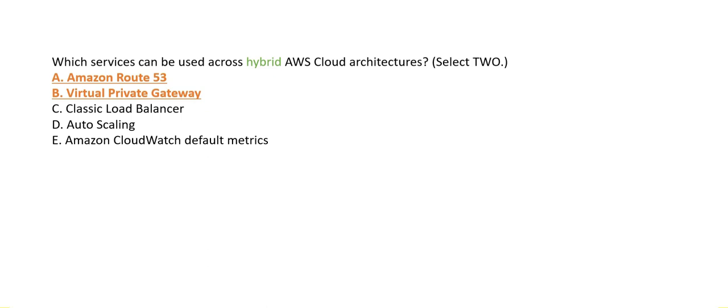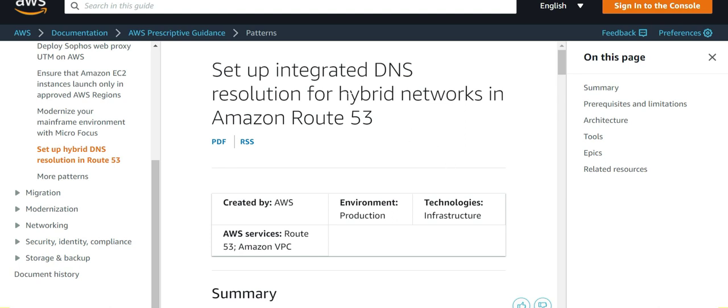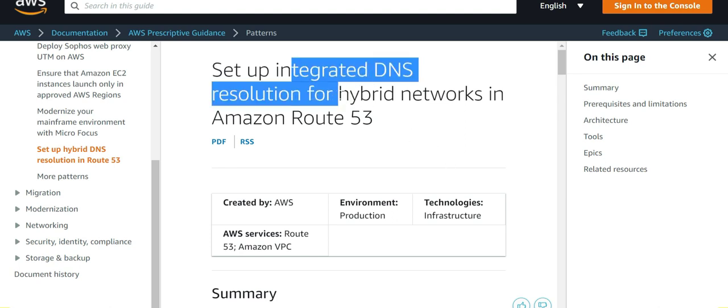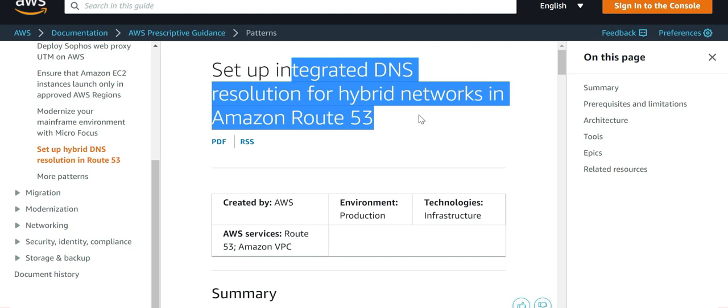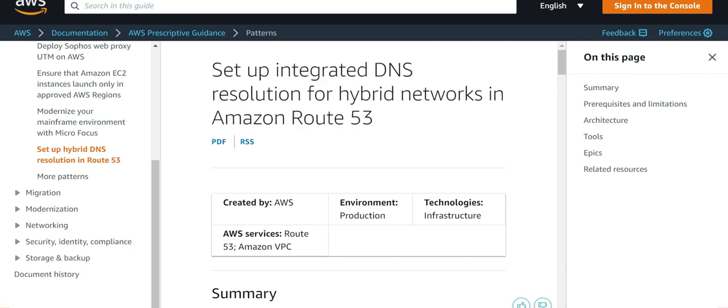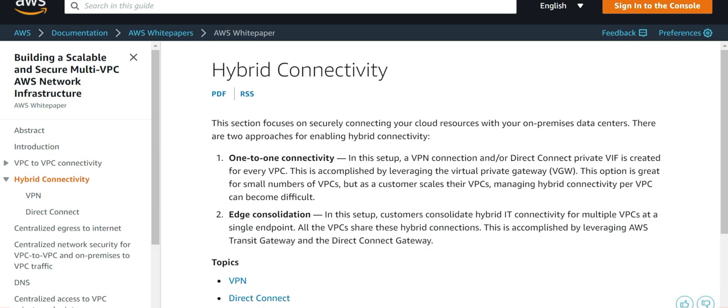So you can see this documentation on integrated DNS resolution for hybrid networks in Route 53. So it supports it, and this supports hybrid connectivity, virtual private gateway. You see this virtual private gateway, it supports hybrid connectivity.